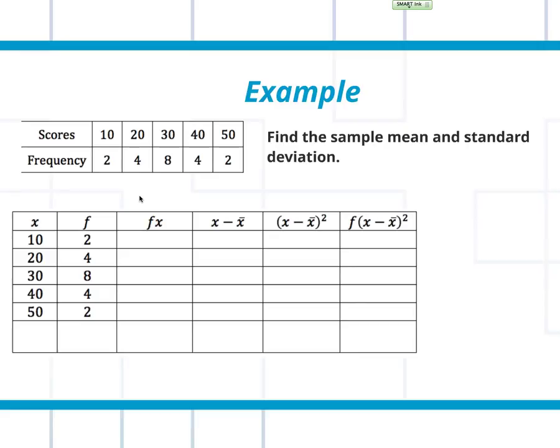So once you have those first two columns, start filling in the F times X. We've done that before. So it's fill in the F times X.